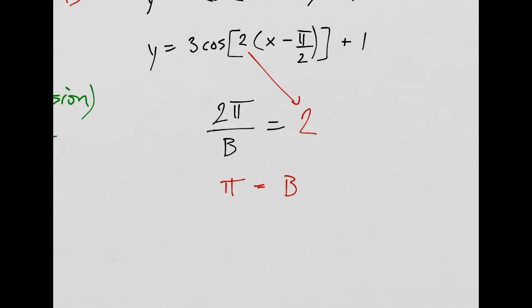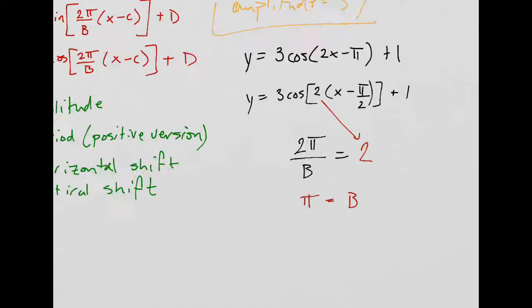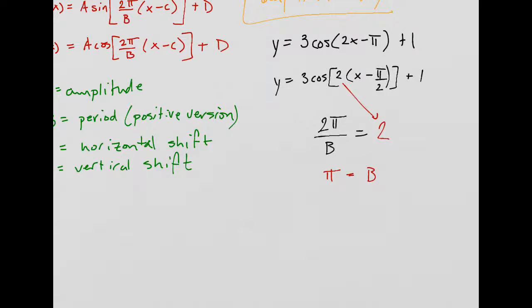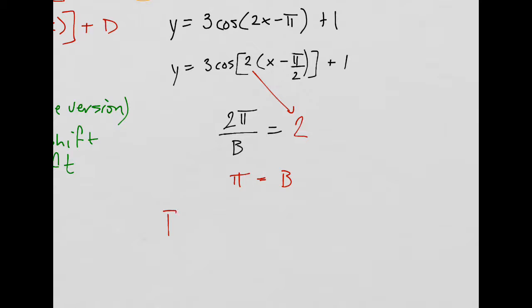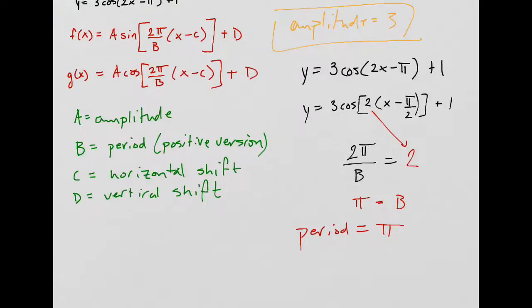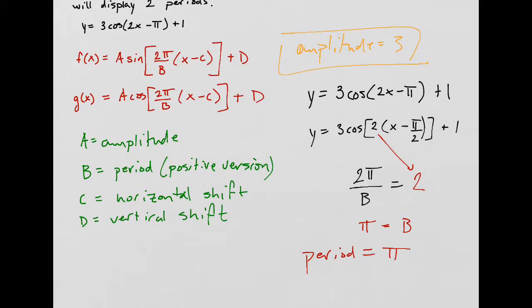Hopefully that makes sense. You can figure that out. You can solve for b. So b, remember, is the period. You do have to do a little bit of calculation there. So the period is just pi.